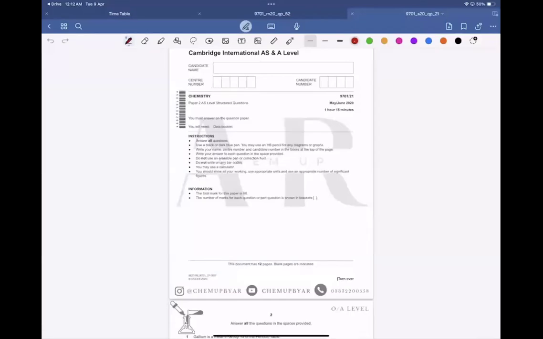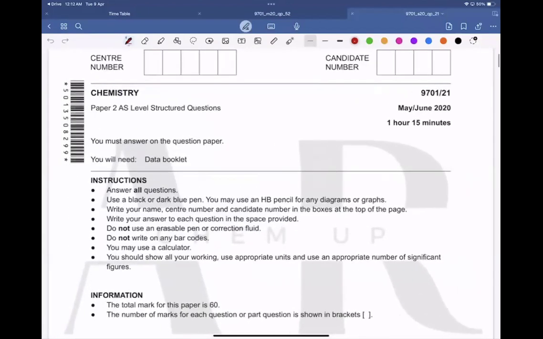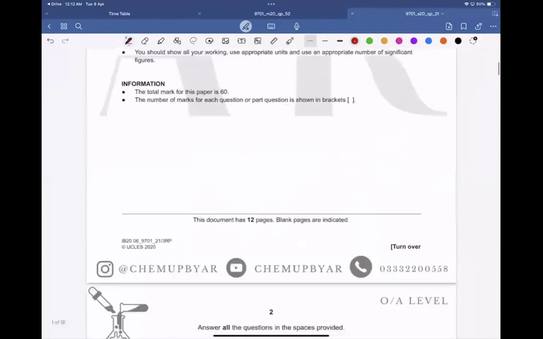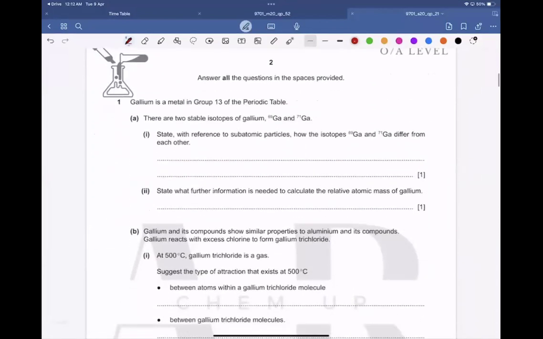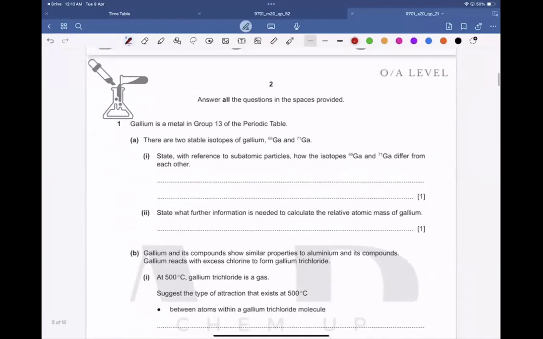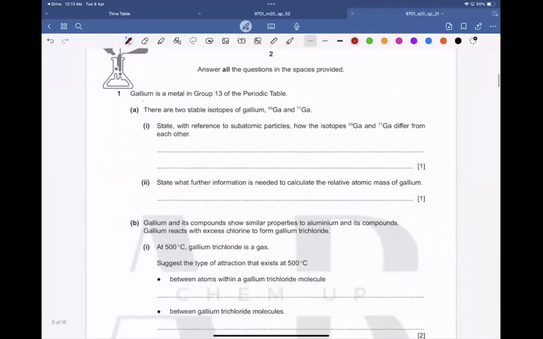Okay. So today we are going to start with May-June 2020, paper 2-1. Let's start with question number 1. Gallium is a metal in group 13 of the periodic table.